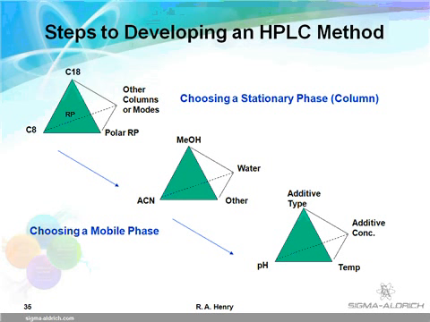The next step in the process is choosing the primary mobile phase solvents that work well in an RP mode, such as water acetonitrile or water methanol. While water acetonitrile combinations are often preferred for C18 and C8 columns, water methanol may be preferred for polar RP columns, such as RP amide and phenyl.